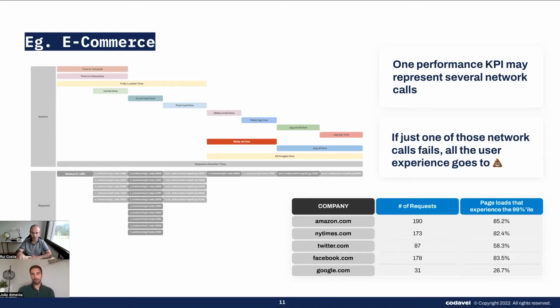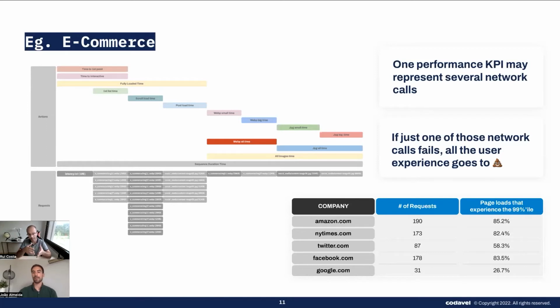So the table on the bottom has a few examples, but the one I like the most is the simplest one. When you go to google.com, for example, that simple white page with a search bar, opening it actually involves 31 network calls, so 31 requests to Google's endpoints.